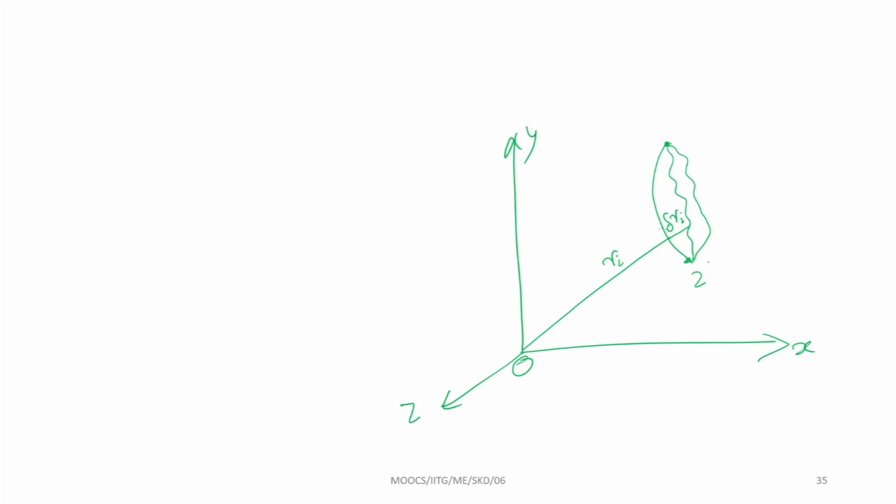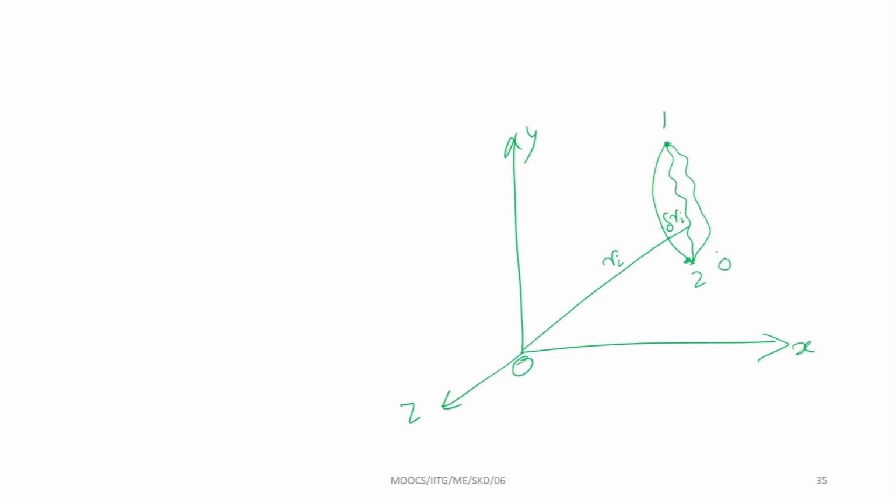Let it move from position 1 to 2. The assumption in the extended Hamilton principle is that the varied path and the true path intersect at points 1 and 2.